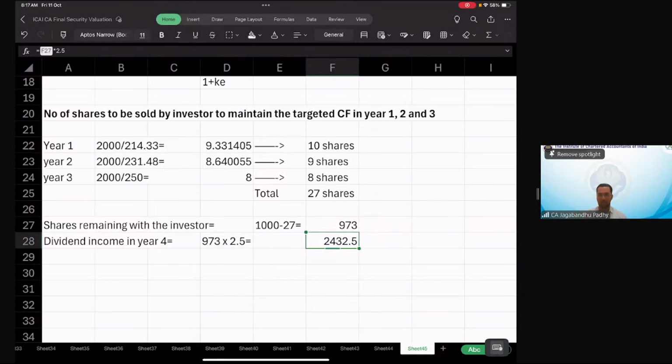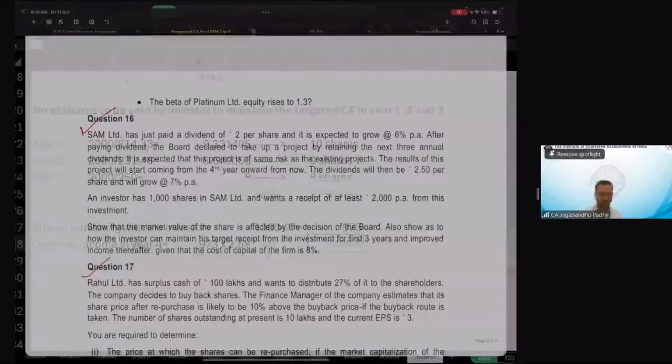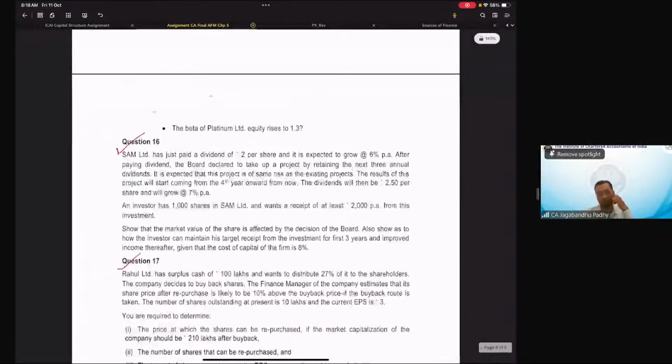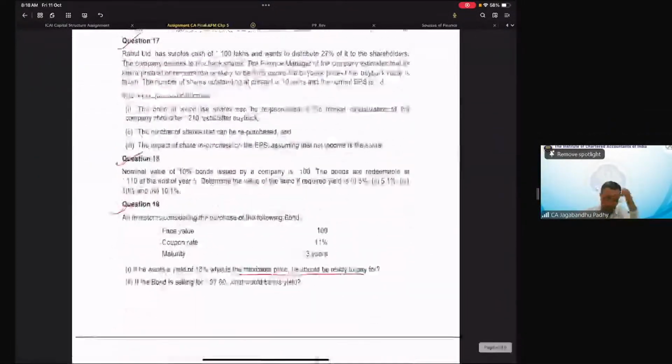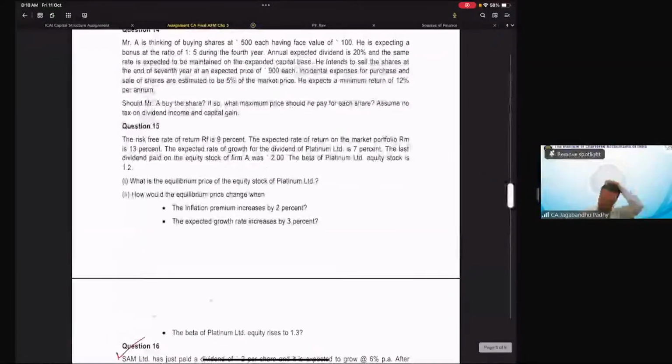Now, because of the growth in the investment portfolio of the company, you will be able to get a dividend of 2432.5 every year. So obviously he'll be able to maintain a higher rate of return on his investment. Okay. So that's question number 16.